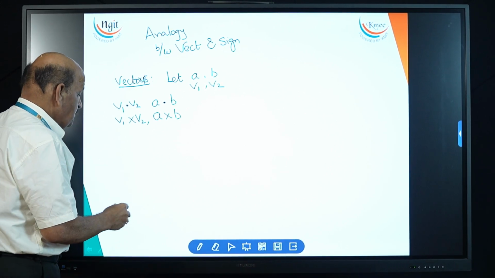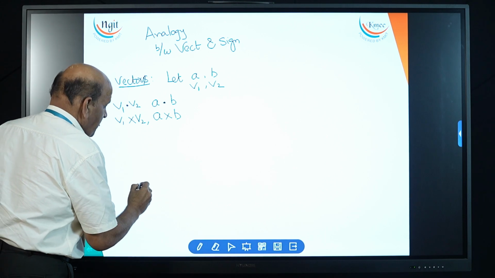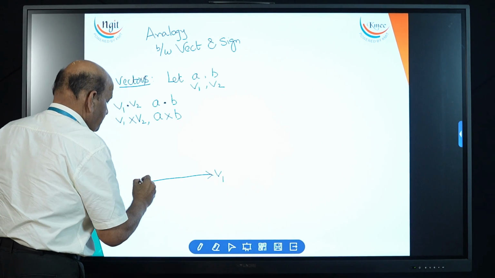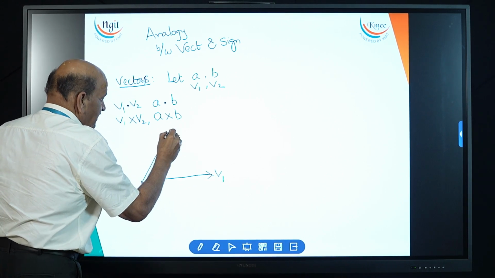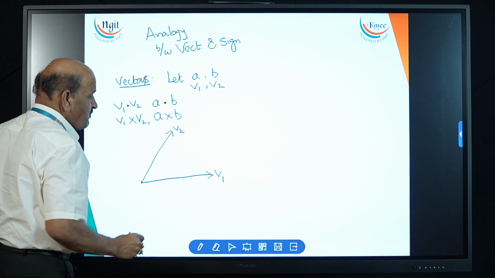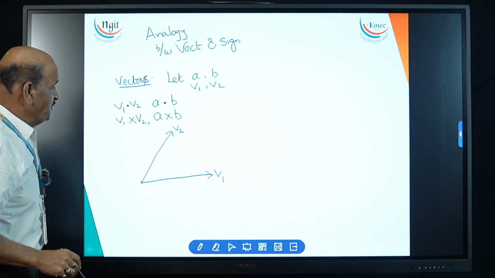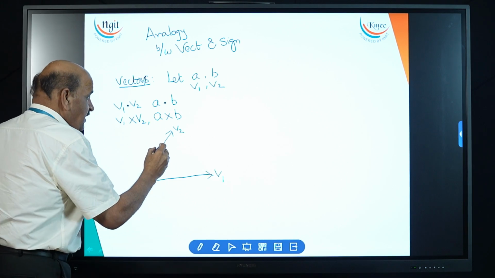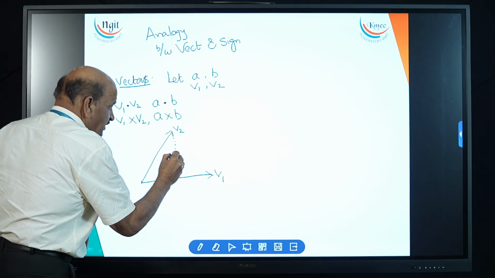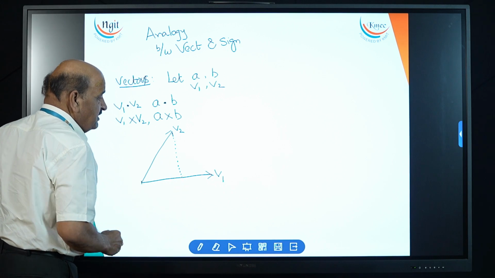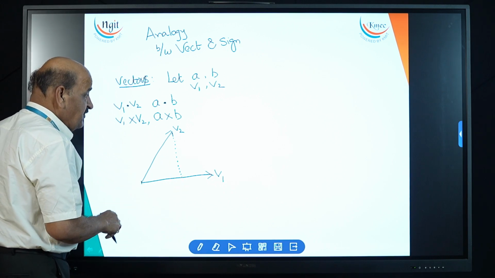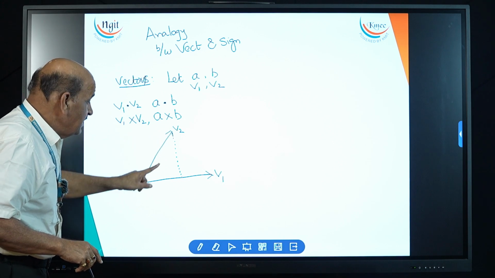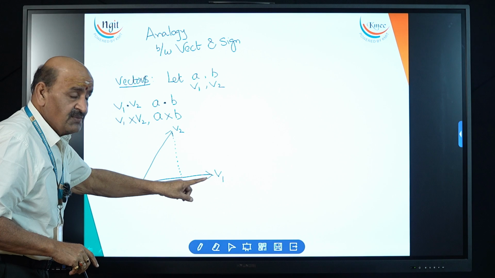Now here, do one thing. This is a vector, for example, V1. This is another vector, V2. Now, the projection of this vector is on the vector V1. That means the representation of V2 is in terms of V1 only.